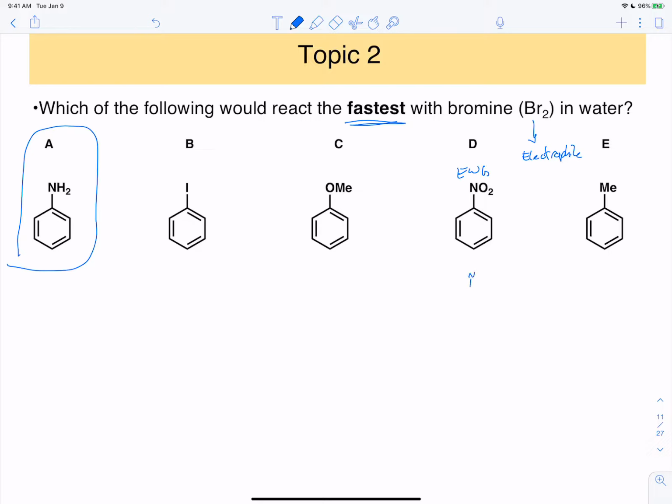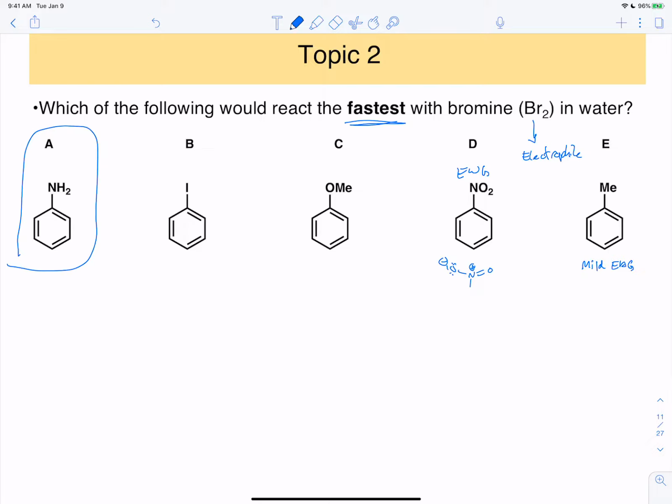If you look at the nitro a little closer, it even has a positive charge on that nitrogen. So this ends up being very strongly electron withdrawing. A methyl is a mild electron donating group.